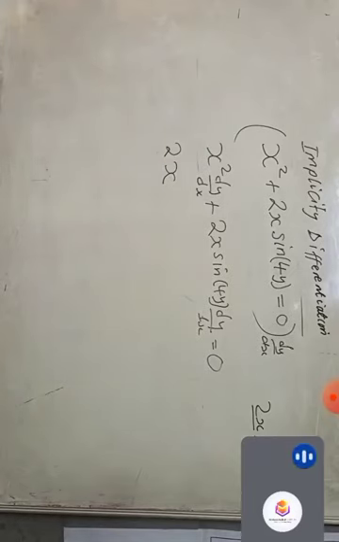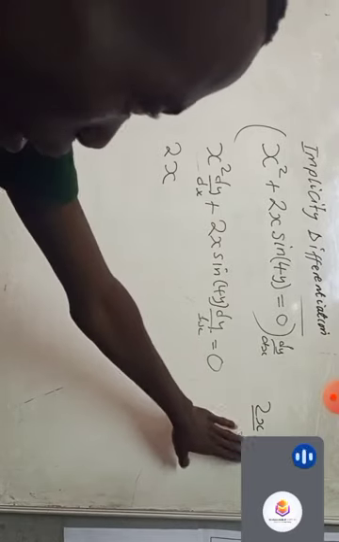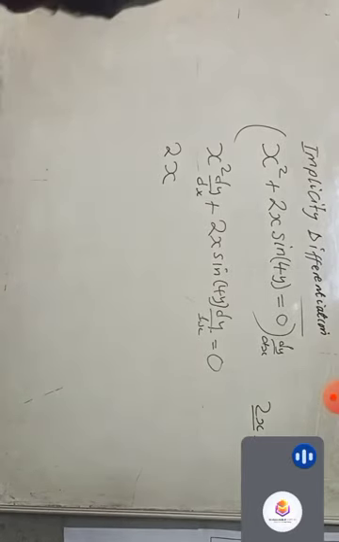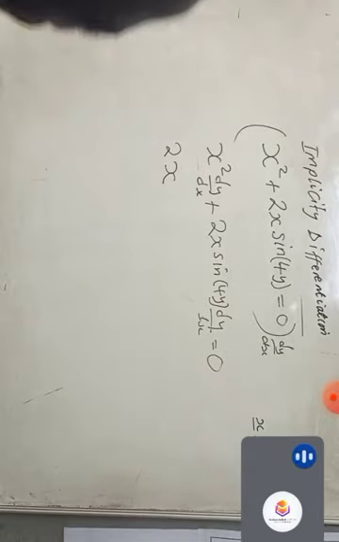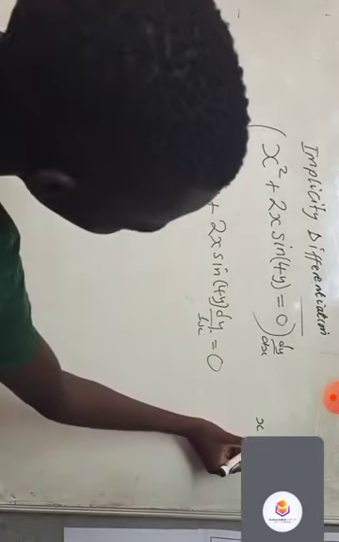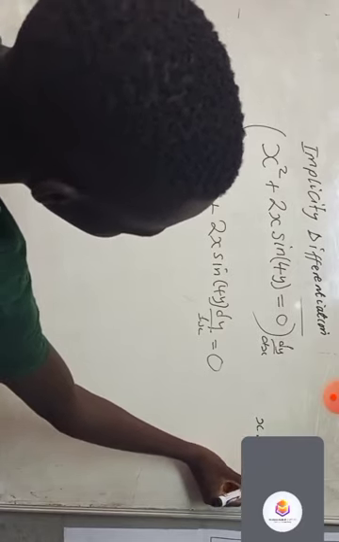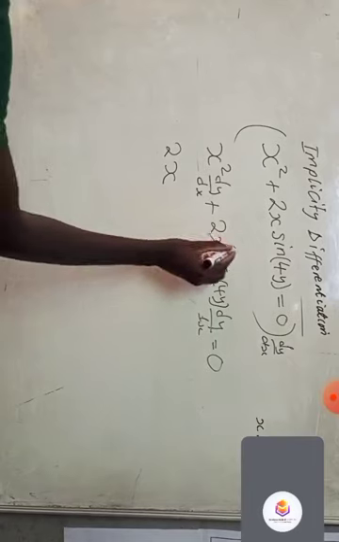If you want, you can factor out the 2, since the 2 is for both. So we are going to have x multiplying by sine 4y. So we have done this.